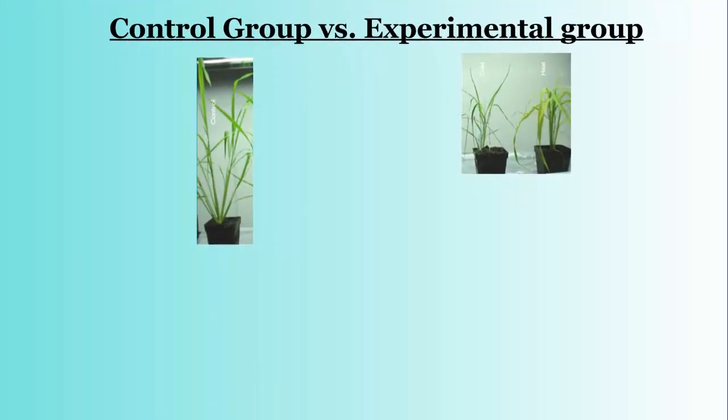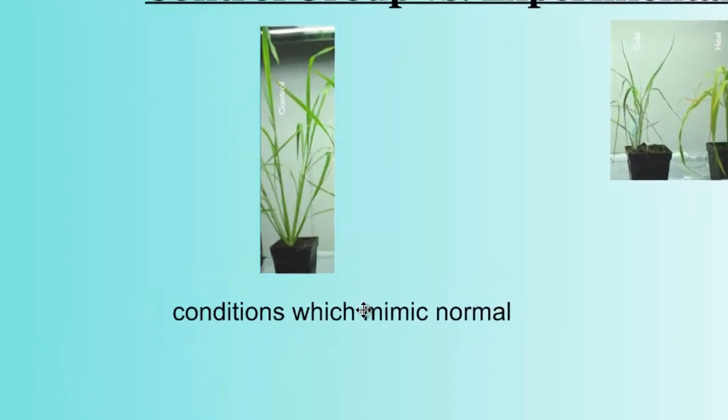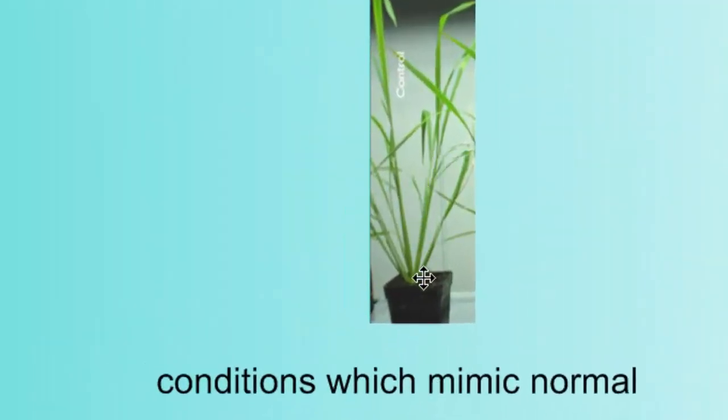Okay, the last two terms, which are related to each other, so we have them together, is the relationship between a control group and an experimental group in your experimental design. The control group is a part of your experiment in which you attempt to imitate conditions that mimic normal.